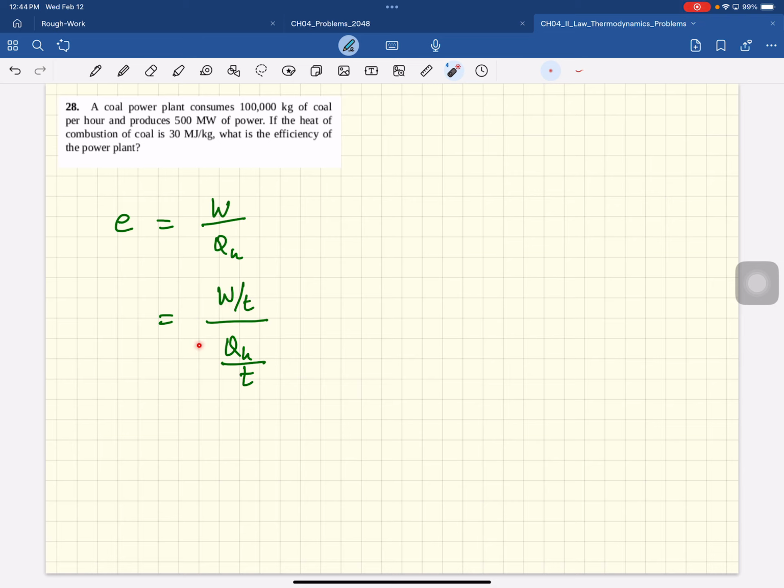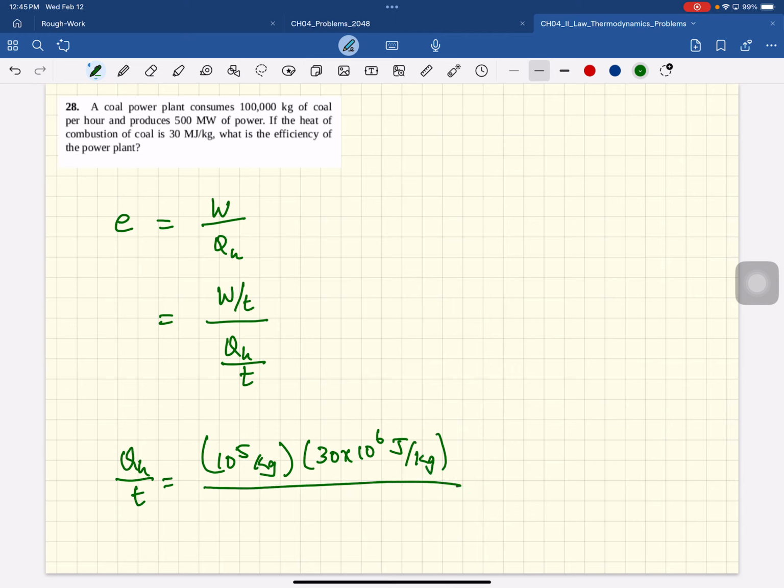How much heat is generated per second? You're burning that much coal per hour. So QH by T is 10 to the power 5 kg of coal, and 30 megajoules of heat is released per kg, in 1 hour. 1 hour is 3,600 seconds.